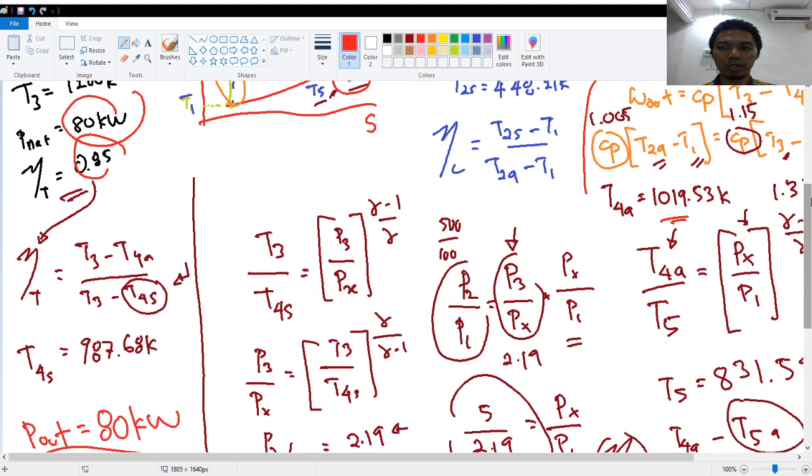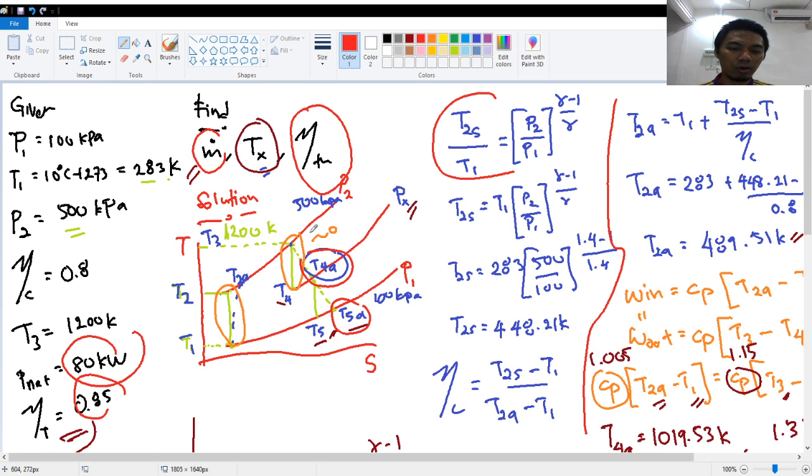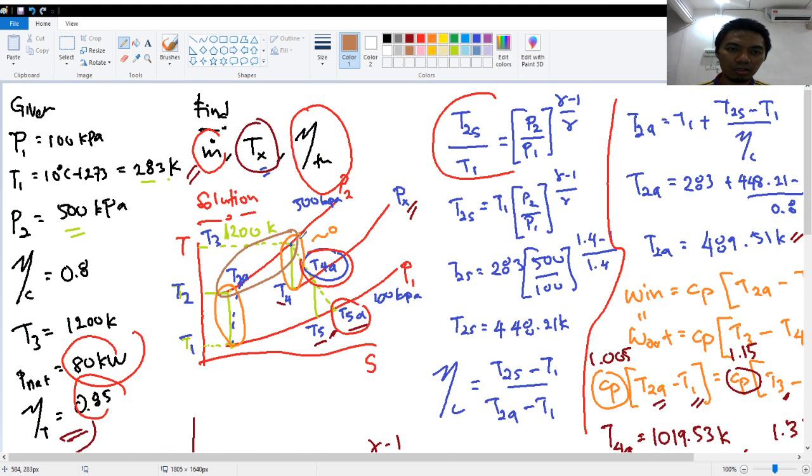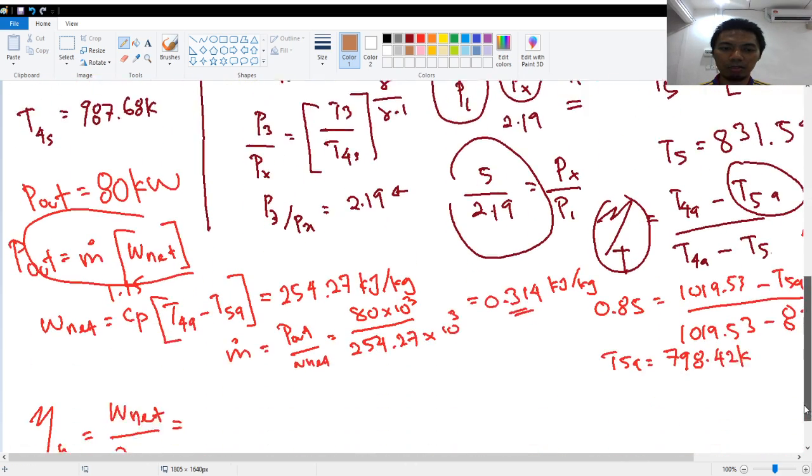This is your Q in. How to calculate it? Q in equals Cp times the bigger temperature minus smaller temperature, so T3 minus T2A.